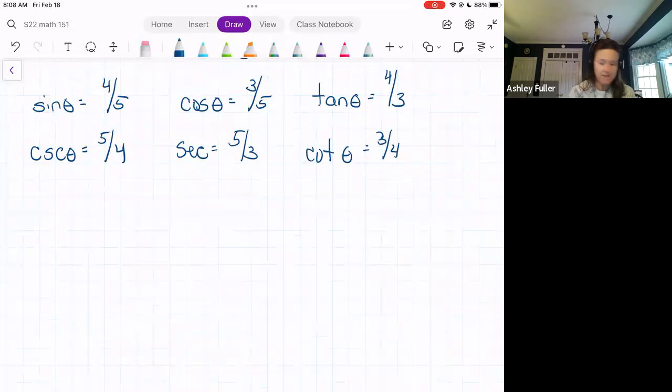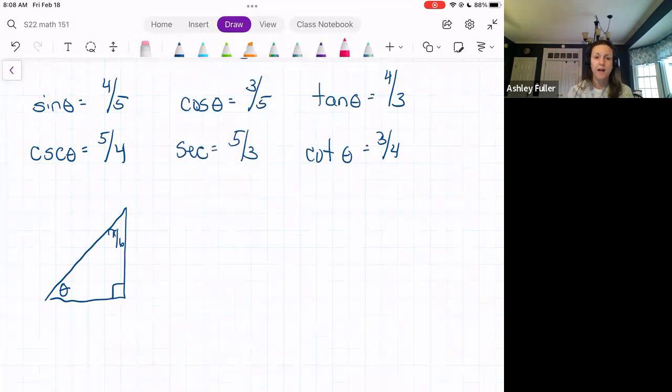Let's look at another example here where all we know for a different triangle is we have a right triangle, and we know that this angle is pi over 6, and this angle is theta.